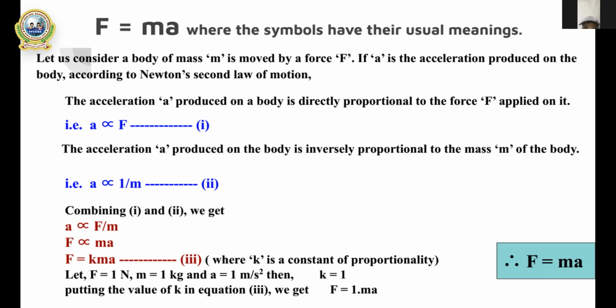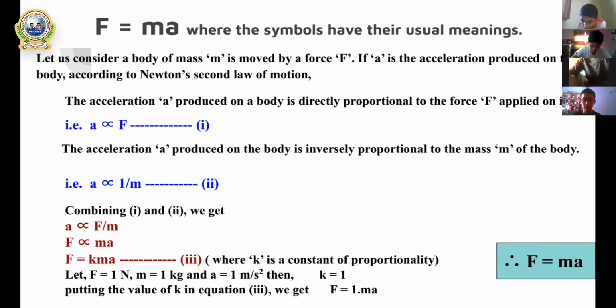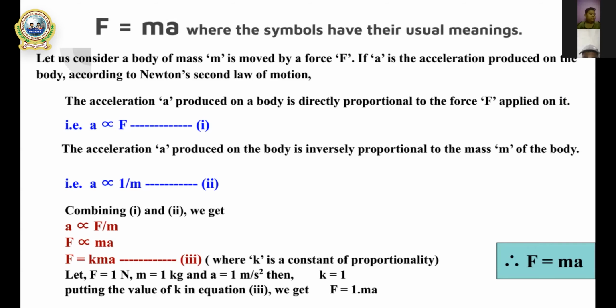So in equation first, A was directly proportional to force, and from equation second we have A inversely proportional to the mass. Please go according to the steps. After having equation first and second, we are going to combine both equations.